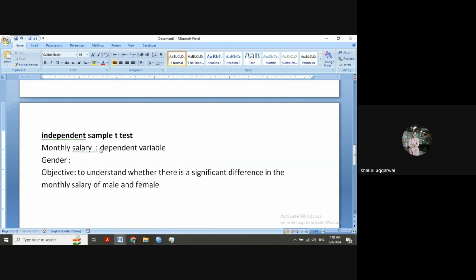Gender is your independent variable. What I'm trying to say is, monthly salary depends on the gender. Gender is an independent variable here and monthly salary is a dependent variable. So in this case, this has to be a continuous variable and this has to be a nominal variable.